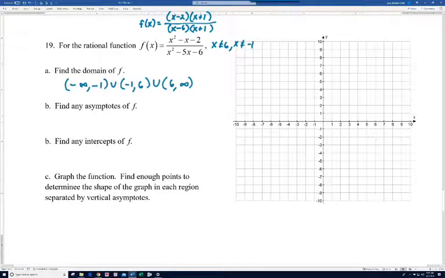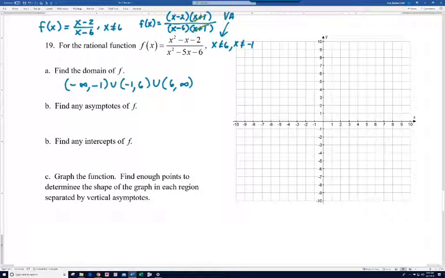Now let's cancel those x plus 1s. And you're going to get f of x equals x minus 2 over x minus 6. Notice x cannot be 6 here when we graph this function. And so that's where we're going to have our vertical asymptote. At x equals 6, that's where we're going to have our vertical asymptote.